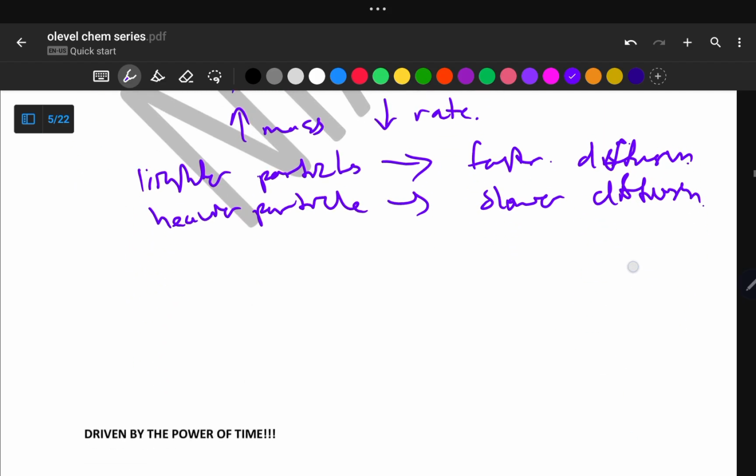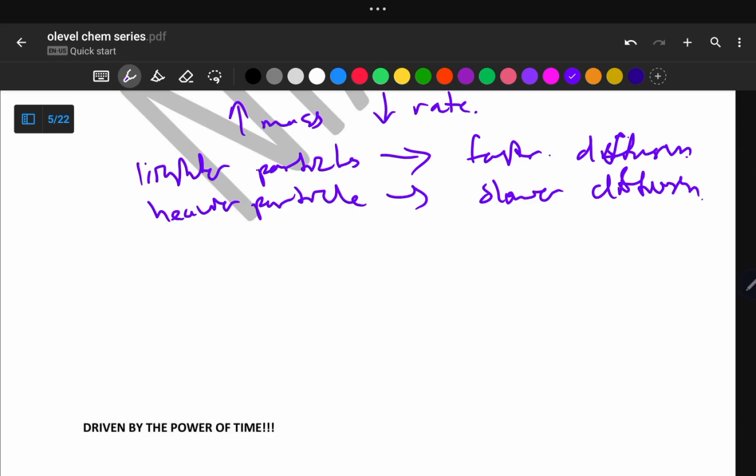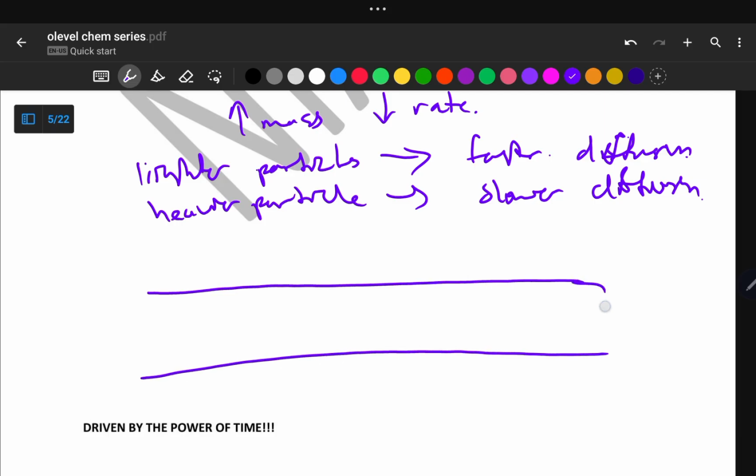So we have this frequently examined question with regards to Graham's law of diffusion. The question comes like this. You are given this test tube, with a stopper here and a stopper here. This one is end A, and this one is end B. We have cotton wool at each end.